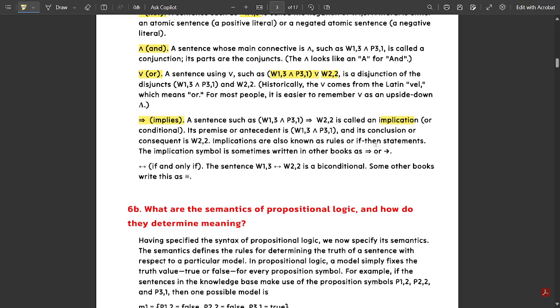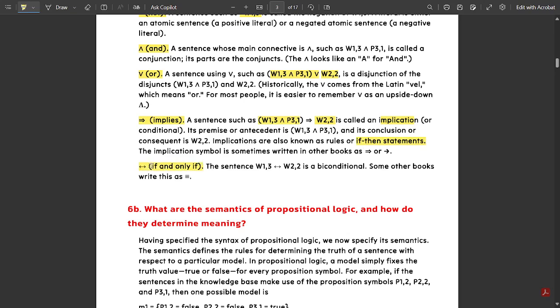Implications are also known as rules or if-then statements. Keep it in mind: the if-then condition comes under implies.